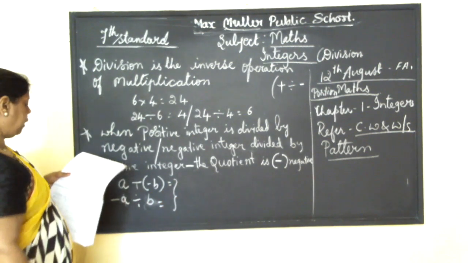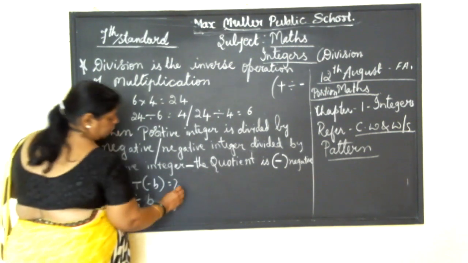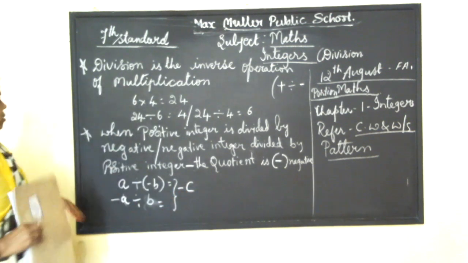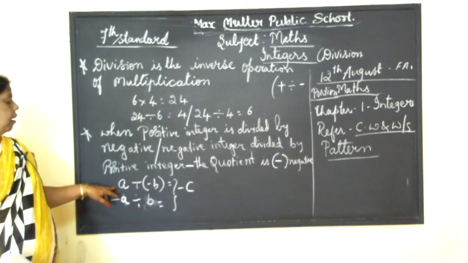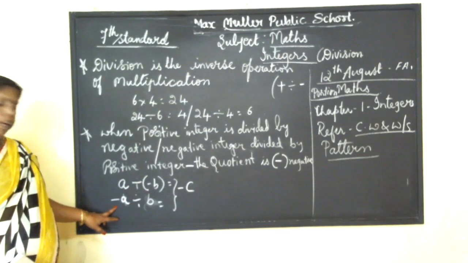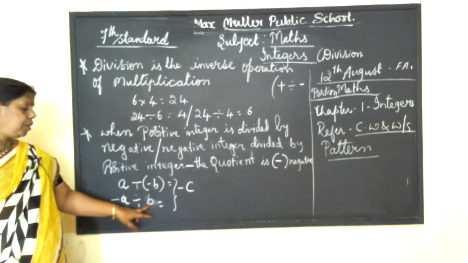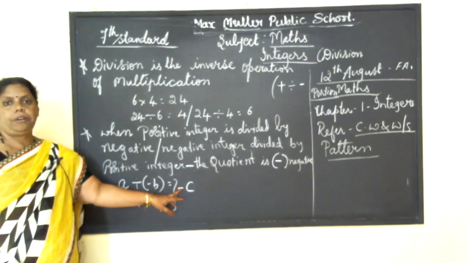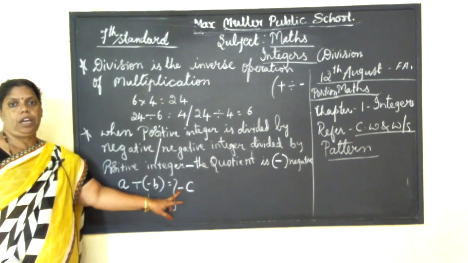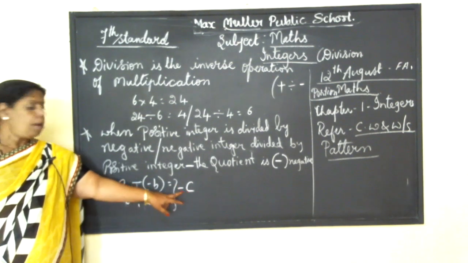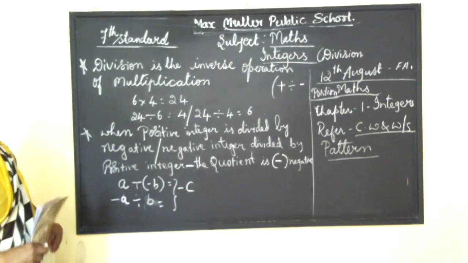I'll write here minus C. See, A is positive here, divided with the negative integer, or negative minus A is divided with the positive integer. You get the quotient as minus only. That I written quotient as C. Okay, minus C.